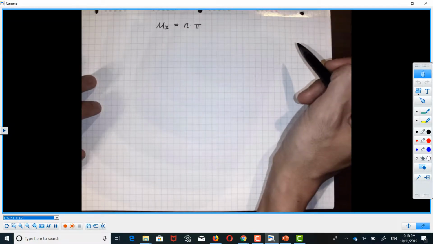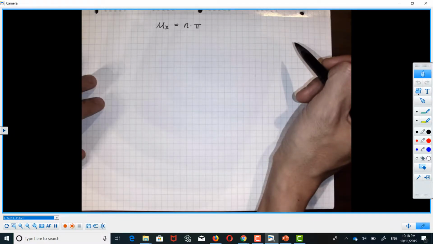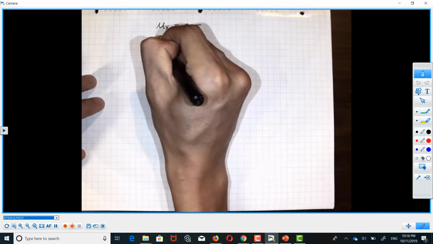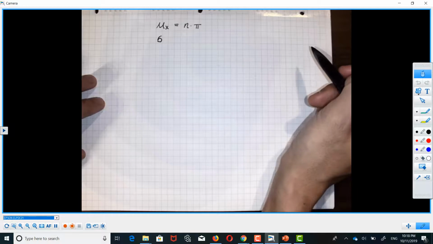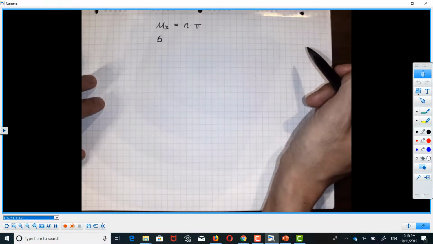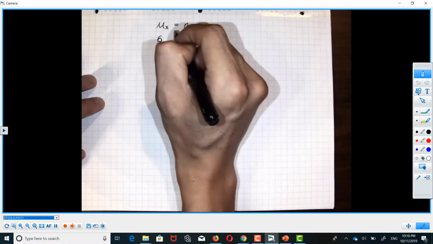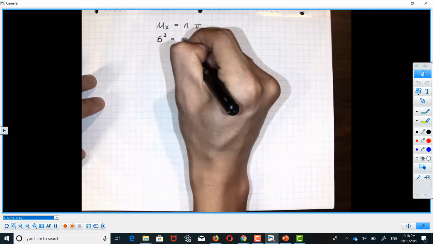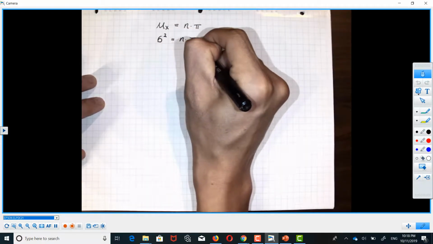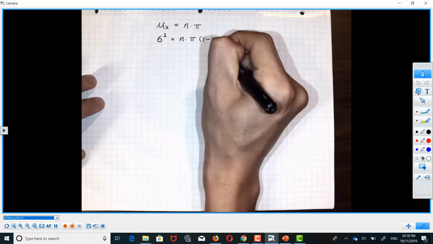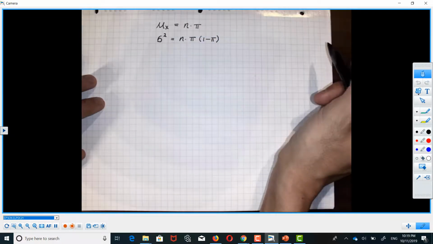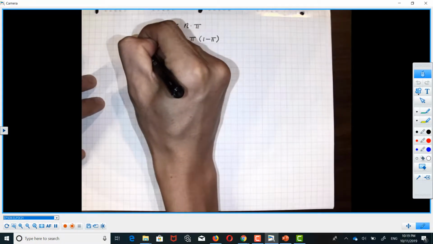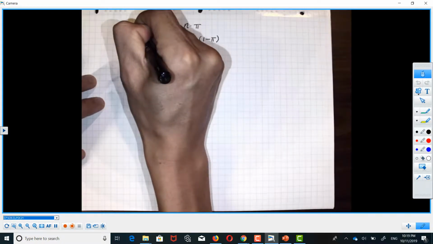So this is the formula for the mean, and we typically use sigma for the variance or the standard deviation. So the variance, sigma squared, is n pi times 1 minus pi. This is for the variance, and this is for the mean.